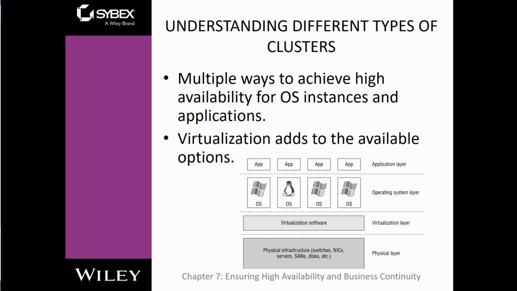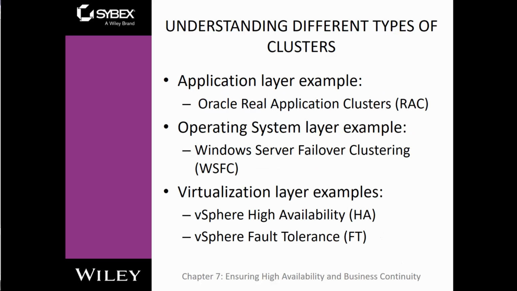They break it down into four major layers: a physical layer, a virtualization layer, an operating system layer, and an application layer, because you can do high availability in each of these layers. For example, at the application layer, we could have Oracle's Real Application Cluster or Microsoft clusters.